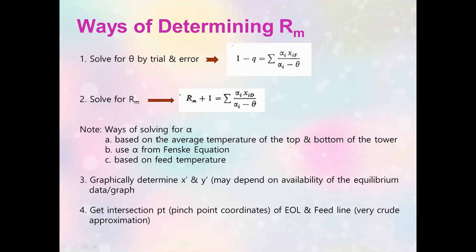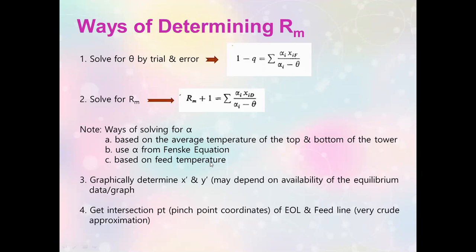That's for letter A. If you don't want this, you can use the procedure that is outlined using Fenske's equation. The sample problem is already in this slide. You follow the procedure in finding alpha for that. Or the very simple way, but again, it's more crude compared to the first two, is you simply base the temperature that you're going to use for finding the pure vapor pressure on the feed temperature.